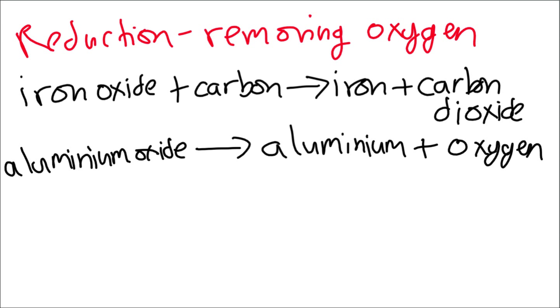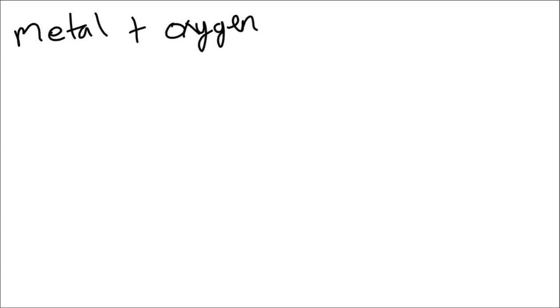Now sometimes you can actually get the opposite reaction. Corrosion is when you have oxygen reacting with your metal, and in iron this is called rusting. This happens when the metal joins with the oxygen to produce that metal oxide.